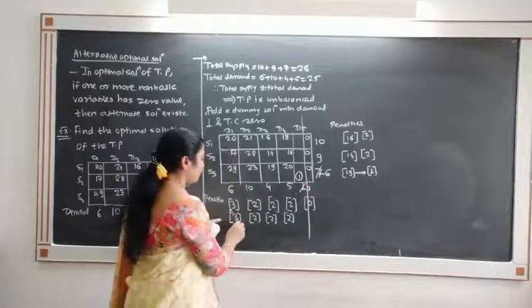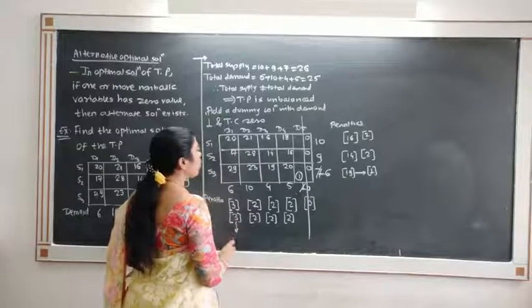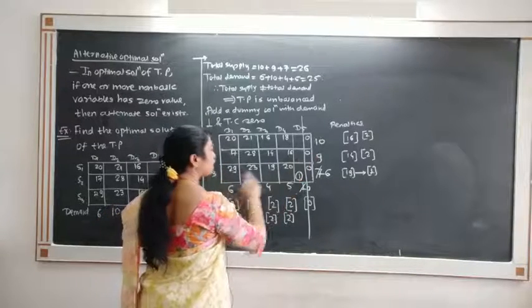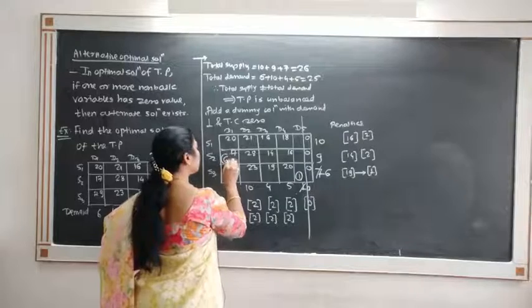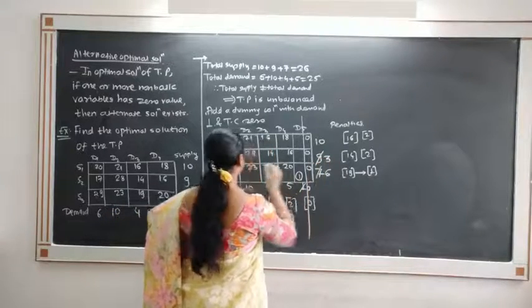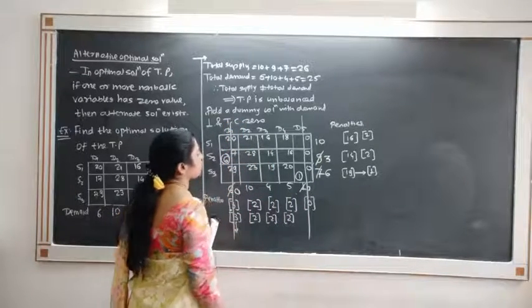Maximum is 3. In this, see the lowest cost. Lowest cost is 17. Allocate as much as possible. So allocate 6. Demand becomes 0. Supply remains 3. So cross out the column.